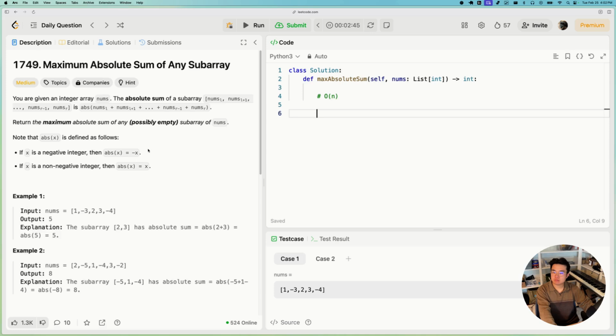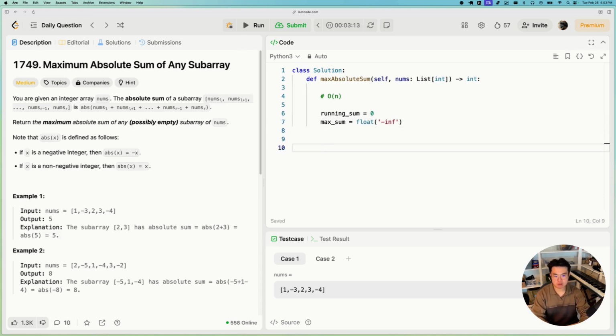Wait, running sum is 0. Then we'll do this so that for n in nums, sum plus equal to n if... wait.